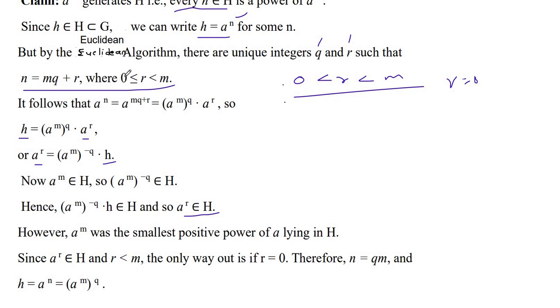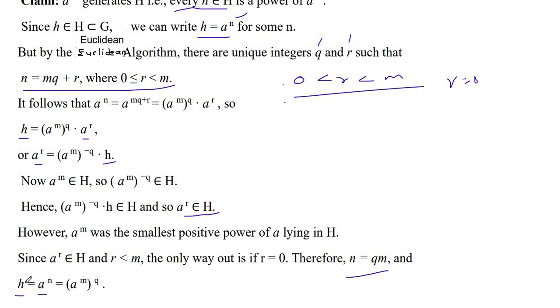There are two cases: one is r is 0, the other one is 0 < r < m. We have ruled out the second possibility, and therefore we must have n to be qm. So if we consider h, which was assumed to be a^n, and now that n is nothing but mq, that is rewritten in this way as (a^m)^q.